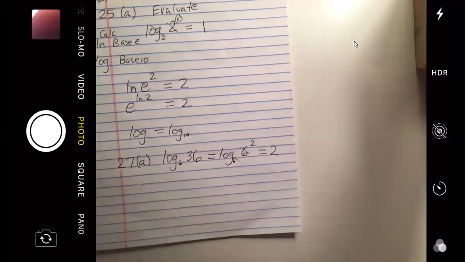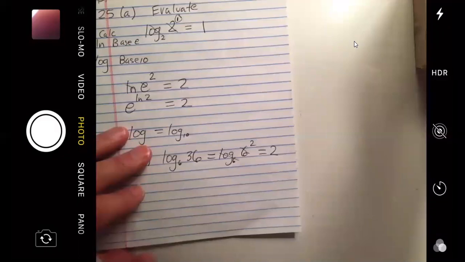One that's trickier might be 29a. This is still off page 388 or in your exercises in the ebook. Log base 3 of 1 over 27.